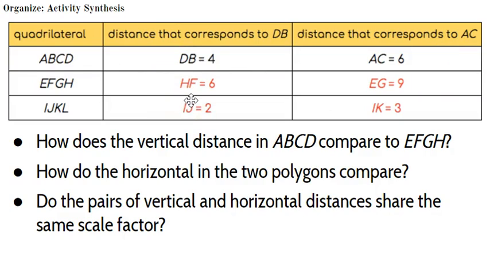So the horizontal in the polygons are using the same ratio as all of the others. It's still that same build. In fact, you could look at the 2:3 ratio here as being kind of that basic unit ratio in this situation.